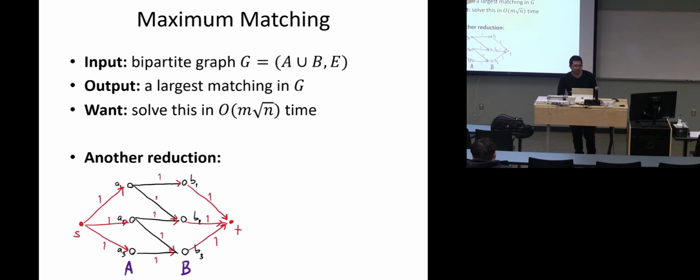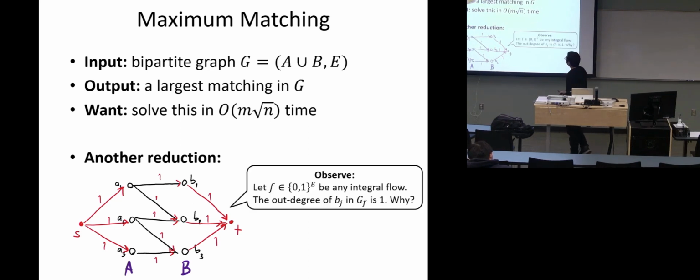But instead of calling max flow as a black box, which can be slow, we will try to do something not black box here. So let's look at this graph, and the initial observation is this.